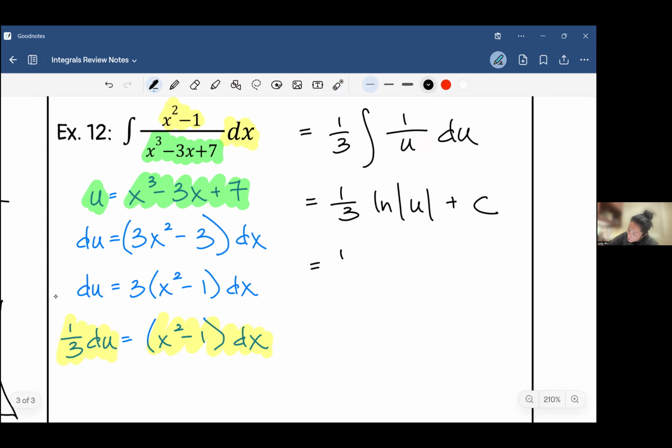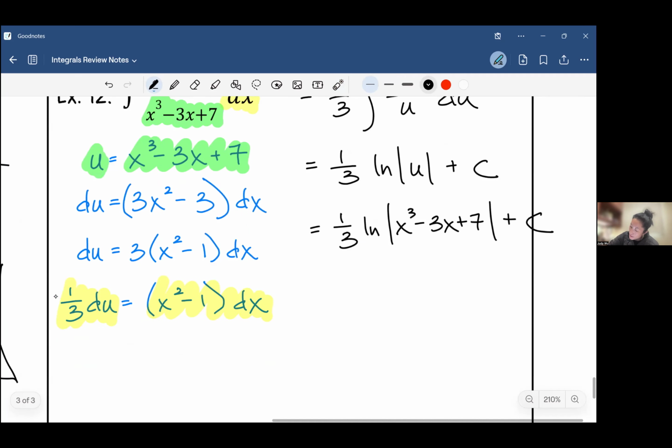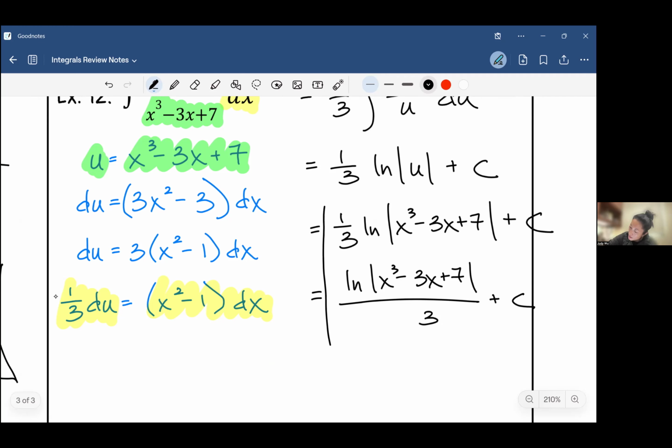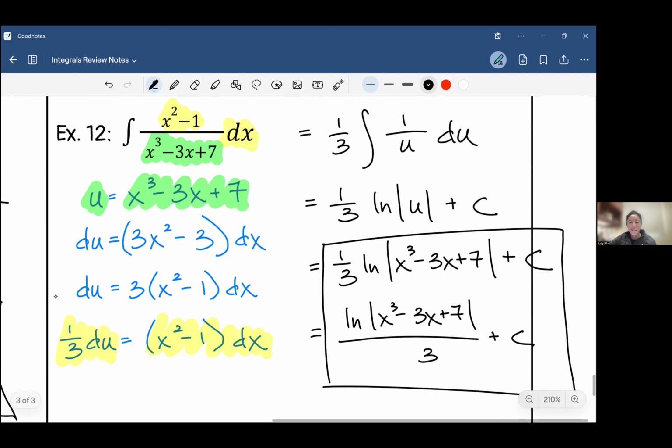We get 1/3 natural log of x cubed minus 3x plus 7 plus c. Or if you wanted to be like a textbook and stack that as a single fraction, you could write natural log of x cubed minus 3x plus 7 over 3 plus c. But either version is fine by me. As long as you've got that natural log, you've got the absolute value, you're good to go.